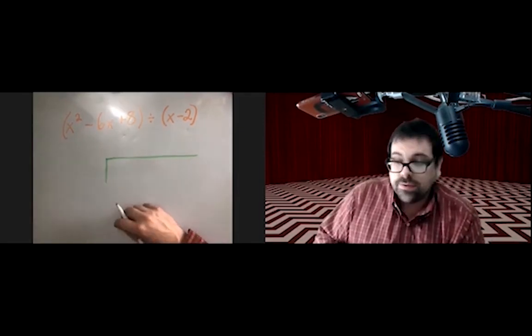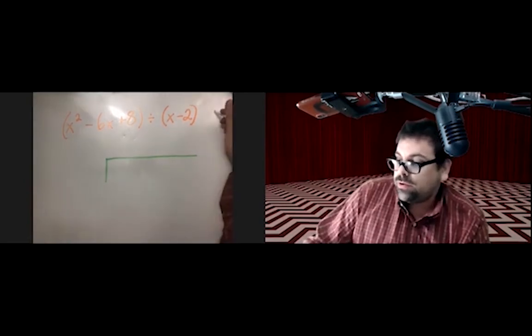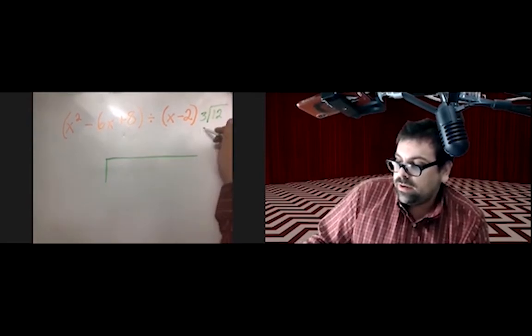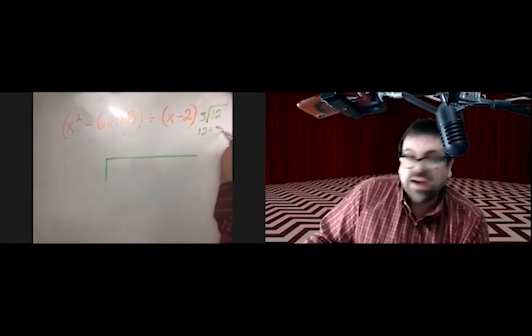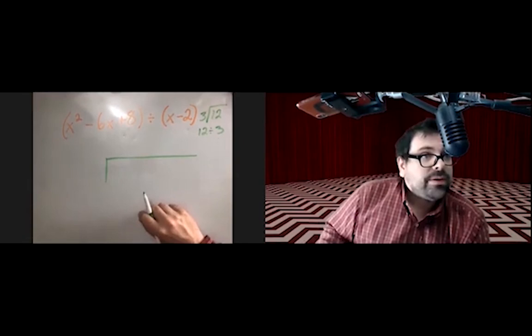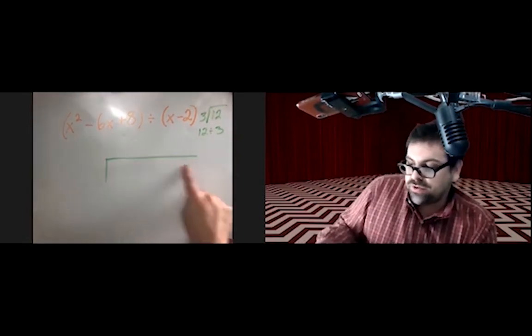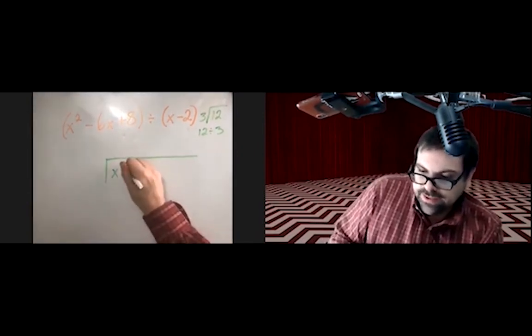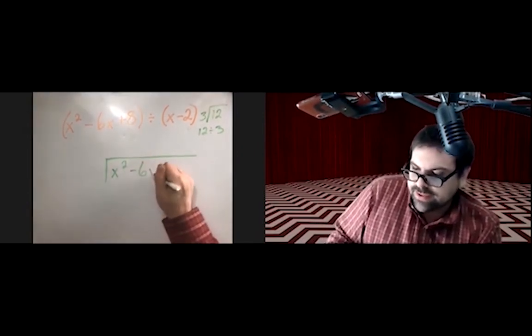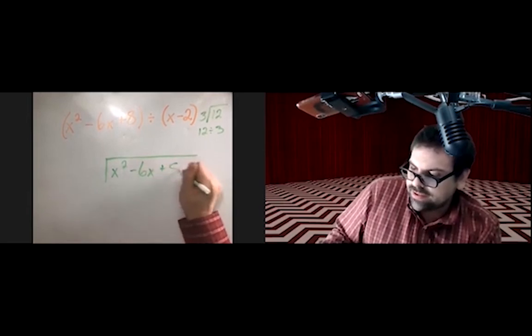Just like a long division problem, 12 divided by 3 would be 12 divided by 3. The first thing in the division problem goes underneath. x squared minus 6x plus 8.